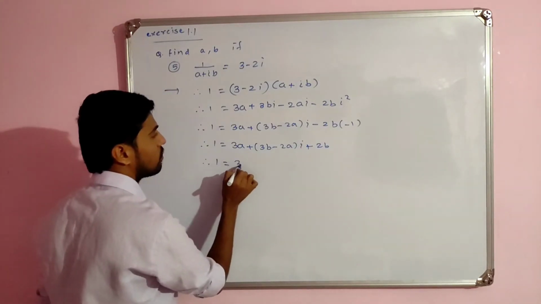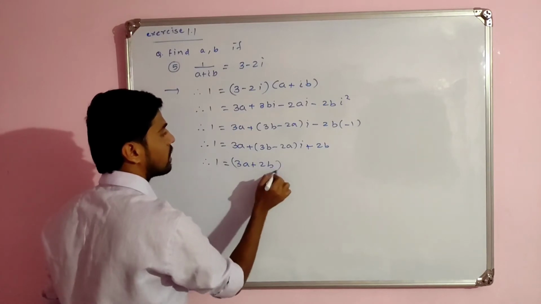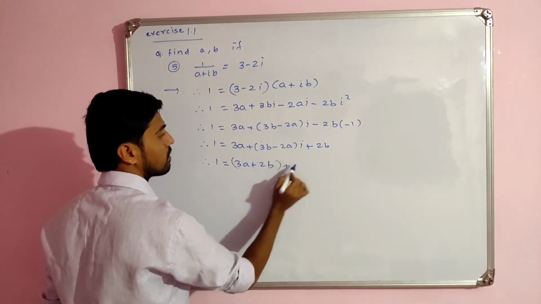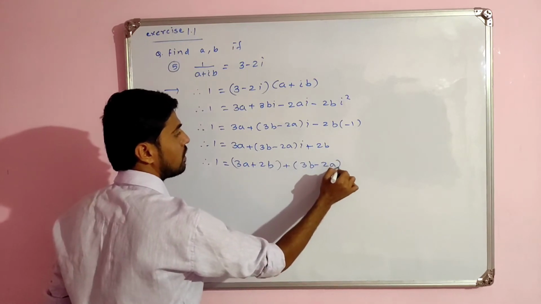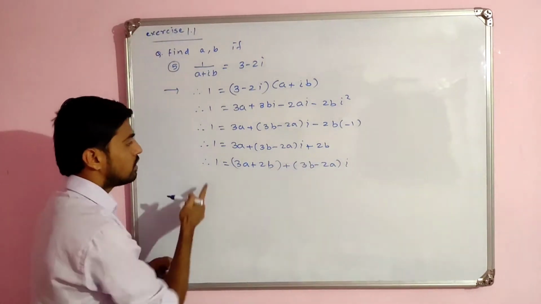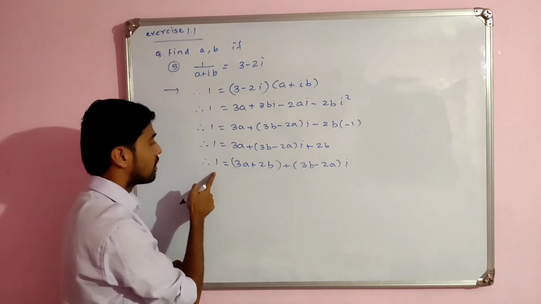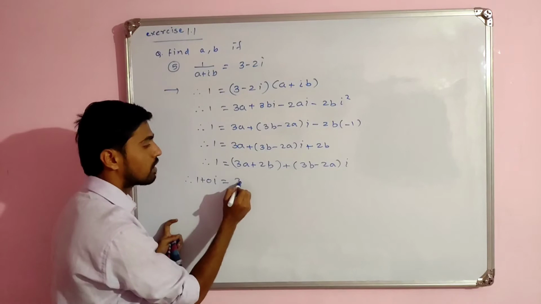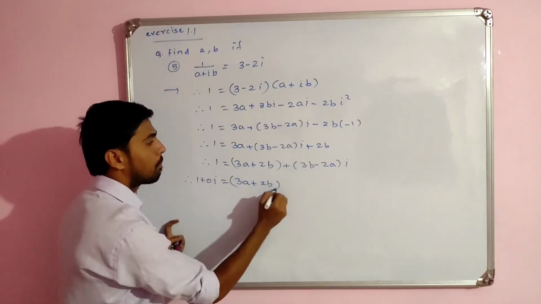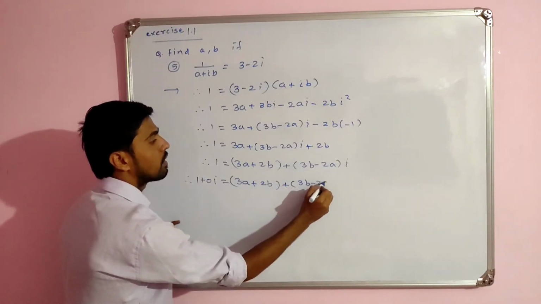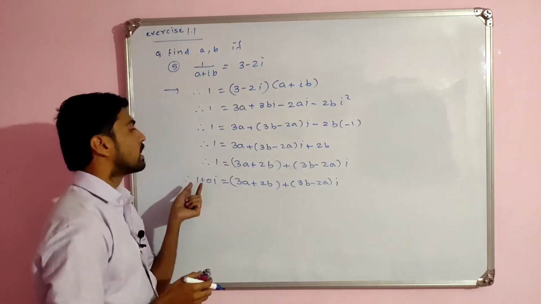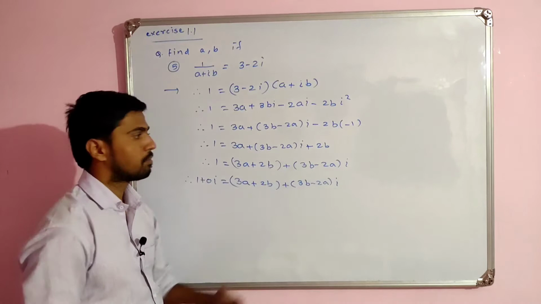So 1 is equal to thrice a plus 3b minus twice a into I minus plus 2b into 1, 2b. So 1 is equal to thrice a plus 2b, मी एकत्र घेतोय बिकॉज तो रियल पार्ट आहे, तिथे कुठे I नाहीये. ओके, सो प्लस 3b minus twice a into I. Here there is no imaginary part, only real part. So 1 plus 0i is equal to thrice a plus 2b plus 3b minus twice a into I. Okay, now comparing real and imaginary part separately.